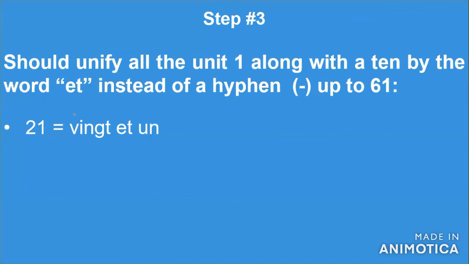21. This is my ten, and this is my unit number 1. And to unify these two numbers for all the unit 1, you will have to unify your numbers by adding a "et" in between them. And that's why you say 21.